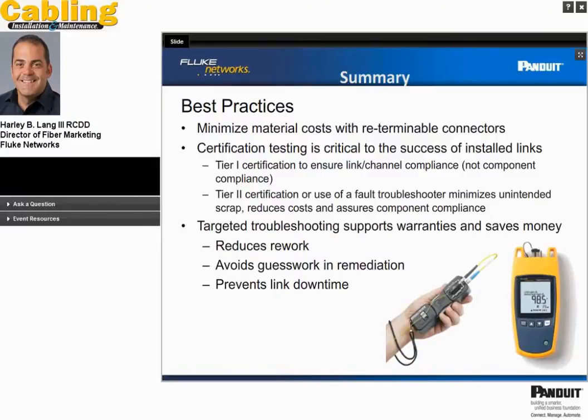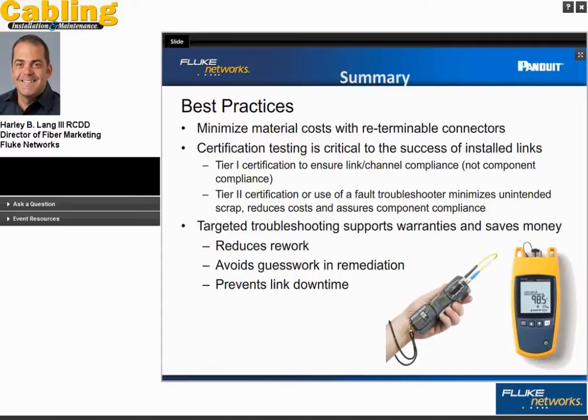And ultimately, when we're doing a full certification and making sure that our cabling infrastructure meets the requirements of the standards or even exceeds them, we can prevent link downtime and create happy customers and solid network cabling systems.